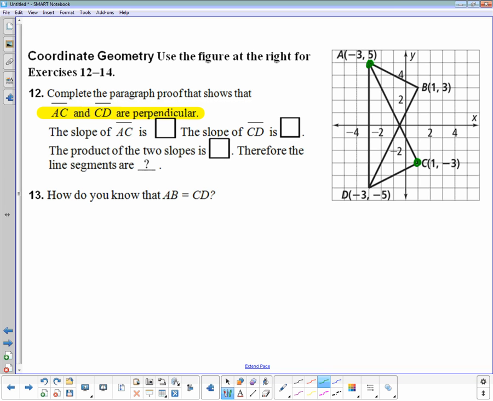What's my slope? Positive or negative? You don't even need to. Just look at it and count it.